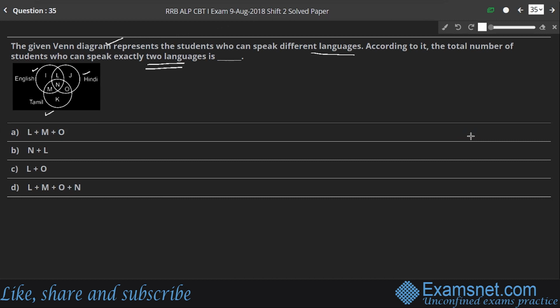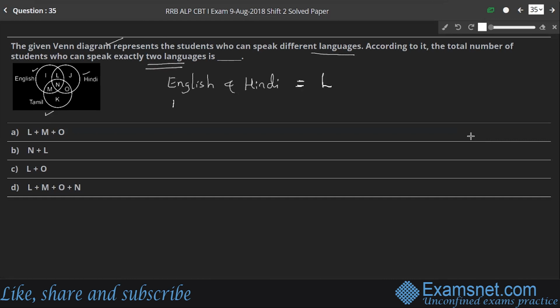How many students can speak English and Hindi? The common part in the Venn diagram is L, so L students can speak both English and Hindi.